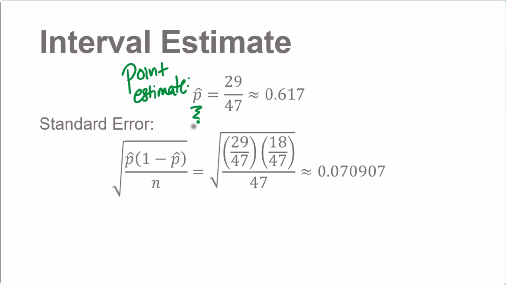And then I'm plugging all this in and taking a square root. This gives me approximately 0.070907. So I'm thinking of this as about 7%. So variation among sample proportions is about 7%, which is fairly significant for these percentages. But that's probably because this sample size is relatively small.